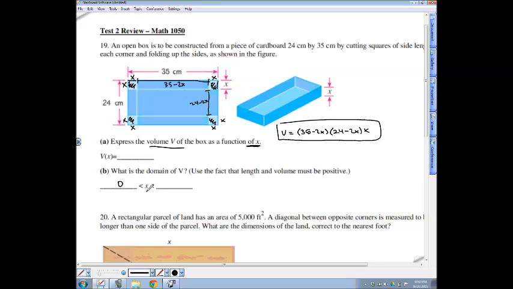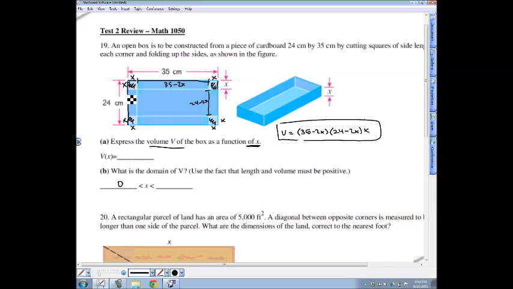For example, let's say that I were to claim that x equals 13. Now that's fine to plug into this function here. I can certainly do that. The problem is x equals 13 doesn't work in relation to our physical constraints of the box. Here's what I mean by that. If I say that this x right here equals 13, that means it has a length of 13.